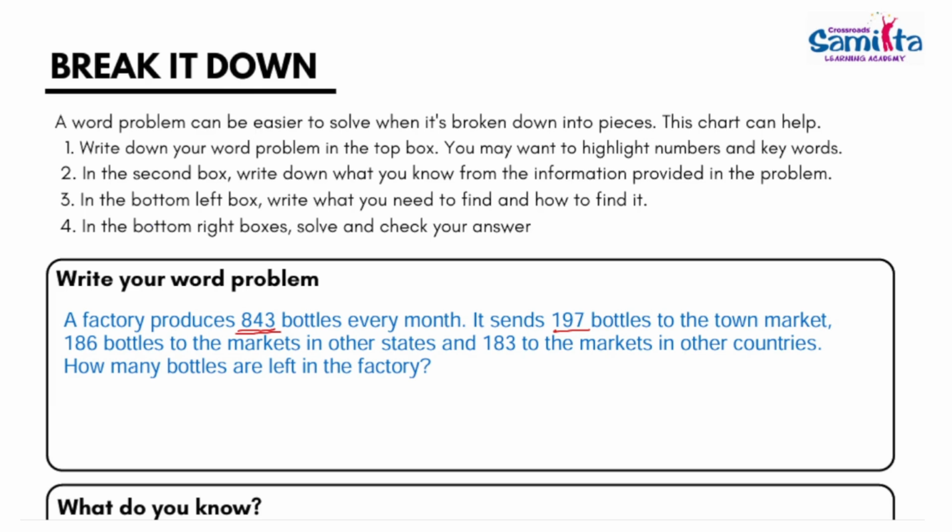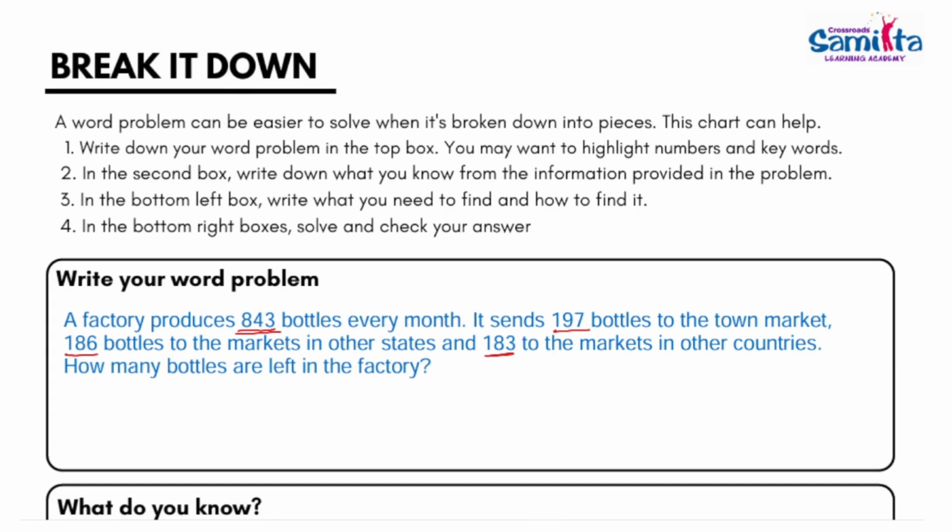It sends around 186 bottles to markets in other states. It sends around 183 to the markets in other countries. So it sends bottles within the town itself, a couple to other states, and a few to other countries.